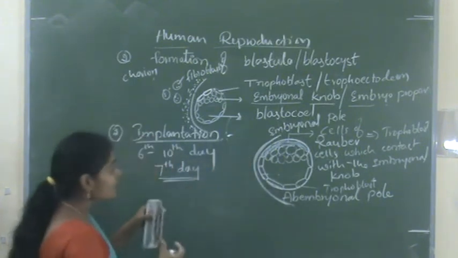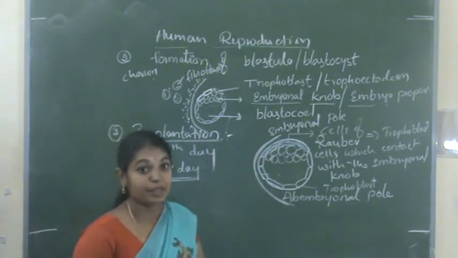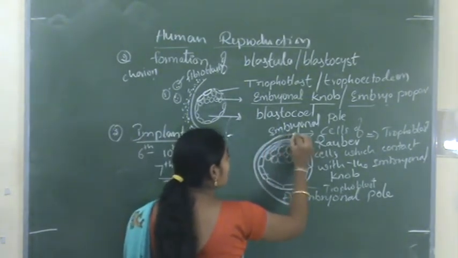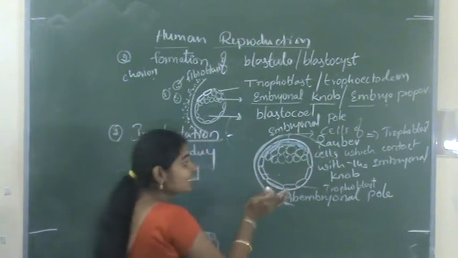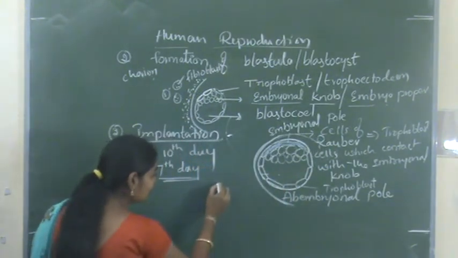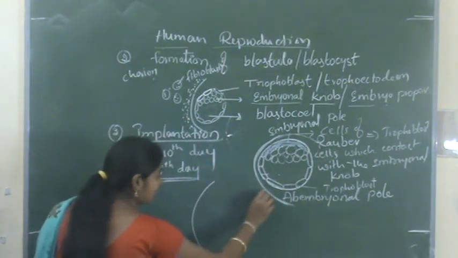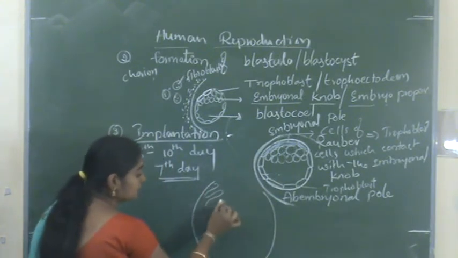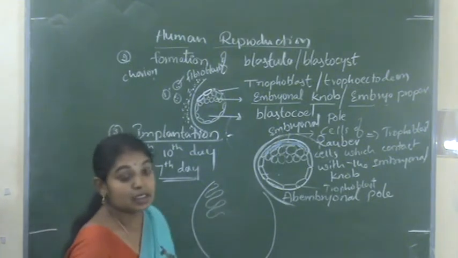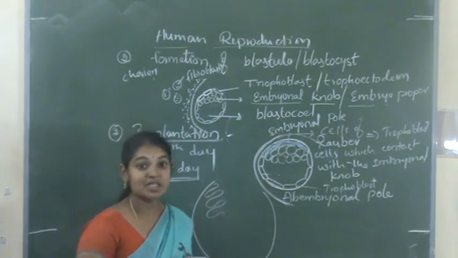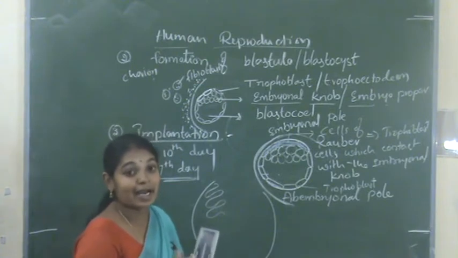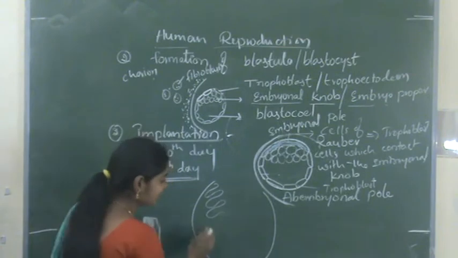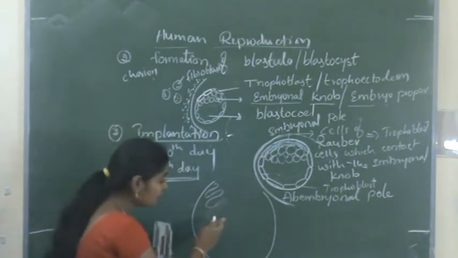And how does this implantation take place? Here the endometrium is deeply penetrated. If this is the uterus and its lining, due to the secretion of hormones like progesterone and estrogen, the endometrial lining is fully developed and highly folded.